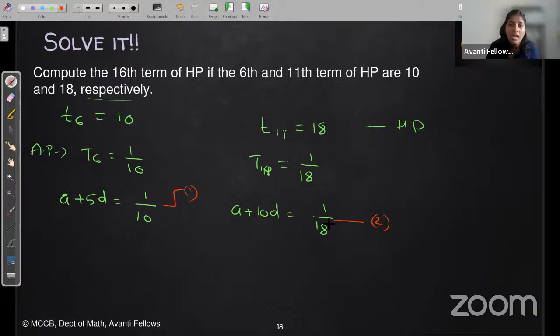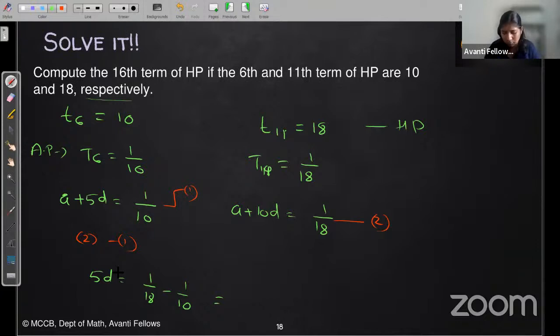Just subtract equation 1 from equation 2. When you subtract, we get 5D is equal to 1 by 18 minus 1 by 10. Just take the LCM and compute it.